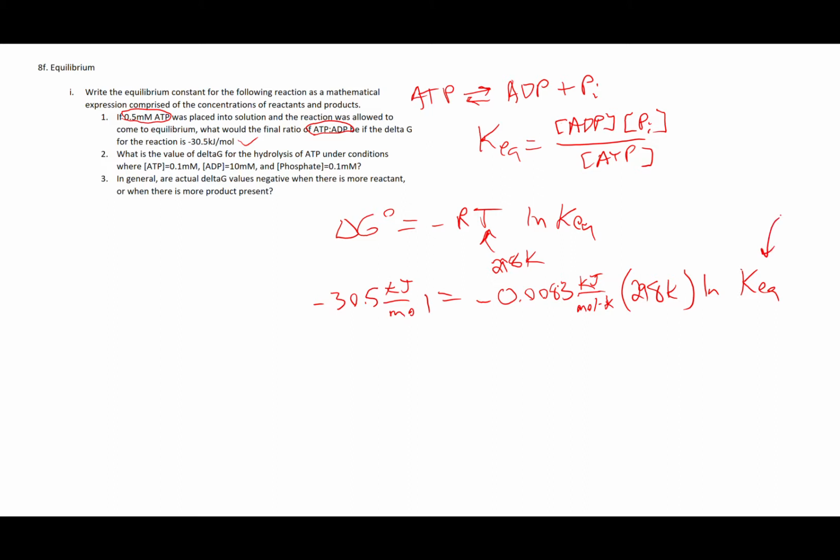Those concentrations are contained in the KEQ, so I'm going to try to isolate that. So I'm going to divide both sides by the negative 0.0083 times 298. Oops, too many zeros.